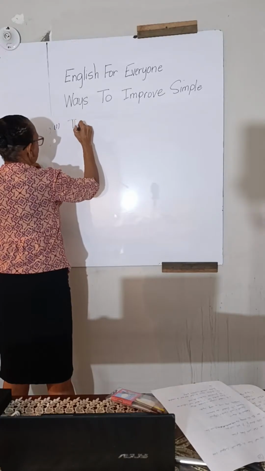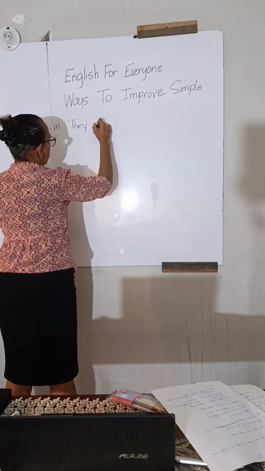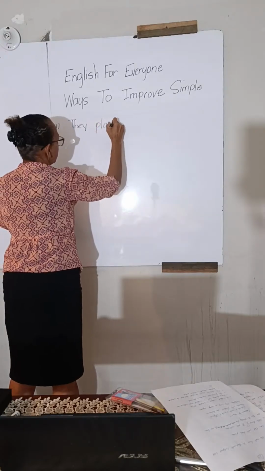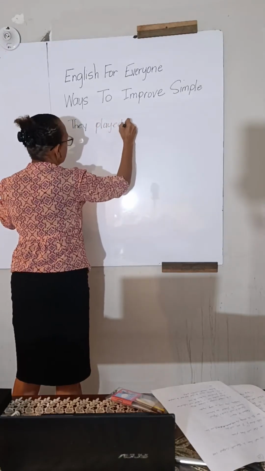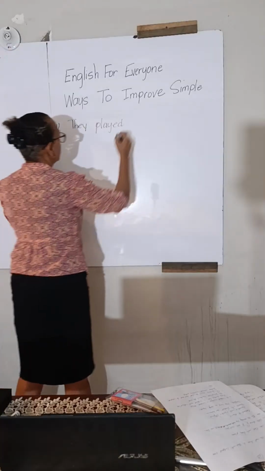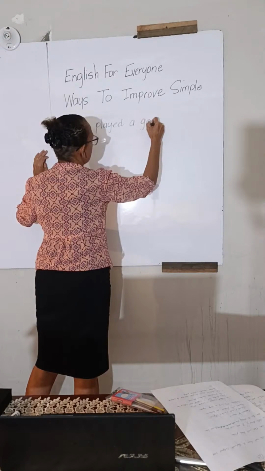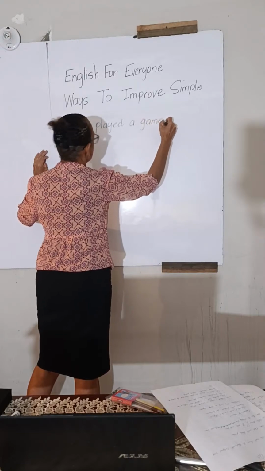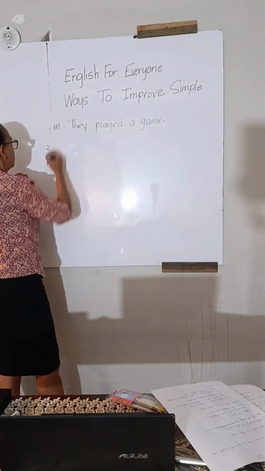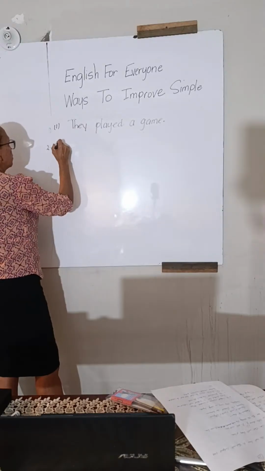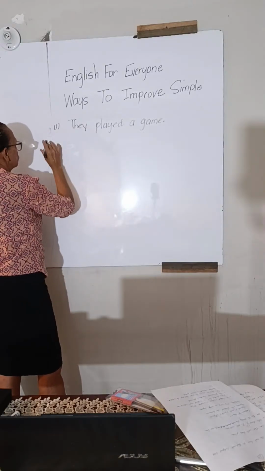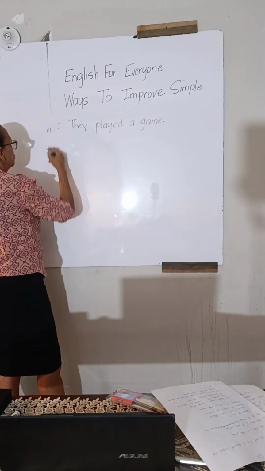They played a game. You think of how we could. Two. This is 1, 2.